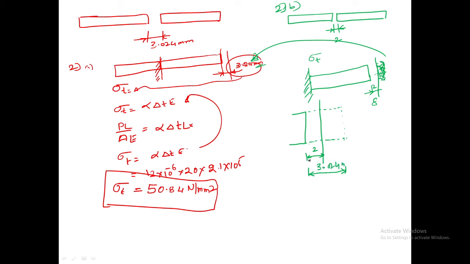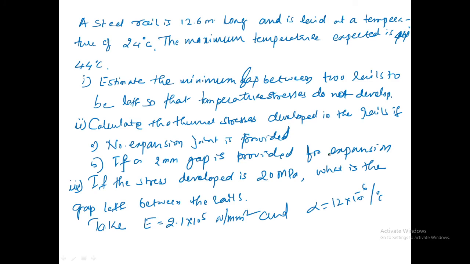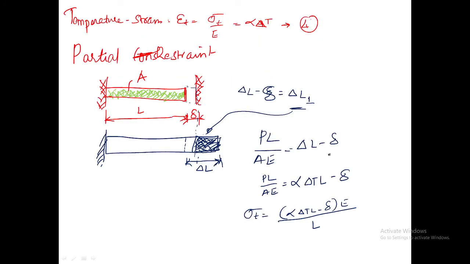But you are not restricting this 2 mm. You are allowing it to expand freely. Now you need to find out what stress is going to develop because of the compression of this remaining distance. To get it, you can go for this equation.